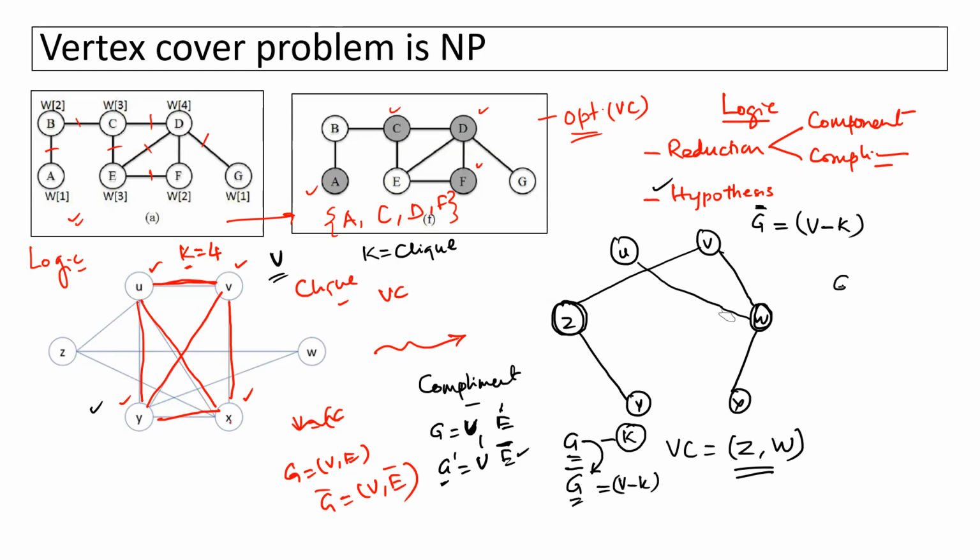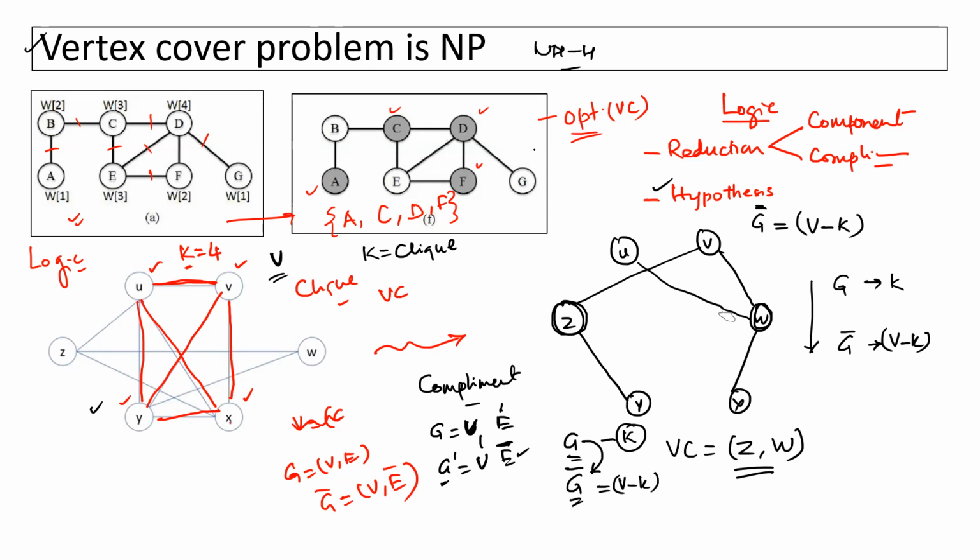Again, I am trying to repeat this. G and G bar are complement graphs. If there is a clique of K in G, then there will be a vertex cover of V minus K in G bar. This way, you prove that vertex cover is an NP-hard problem.